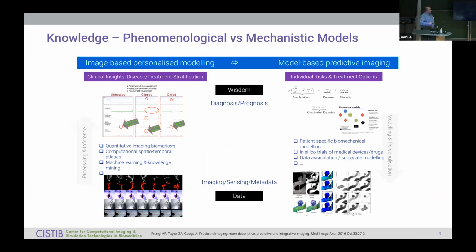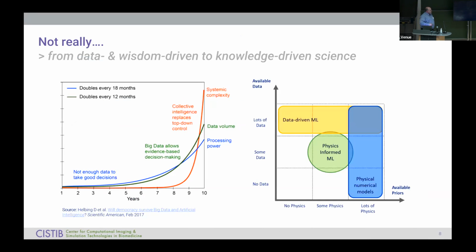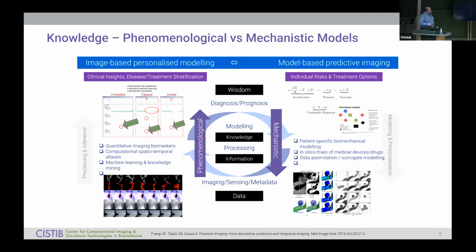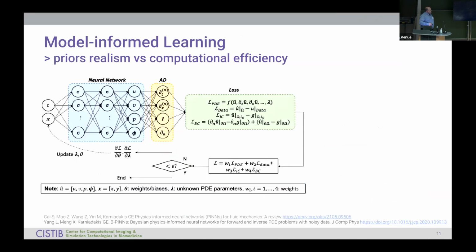So that could be almost like a middle-out solution. So an example of these physics-informed learnings or model-informed learning is you have a neural network that predicts certain state variables, but then you have the loss function, which imposes the physics that you want to be fulfilled, like the conservation laws, for instance.